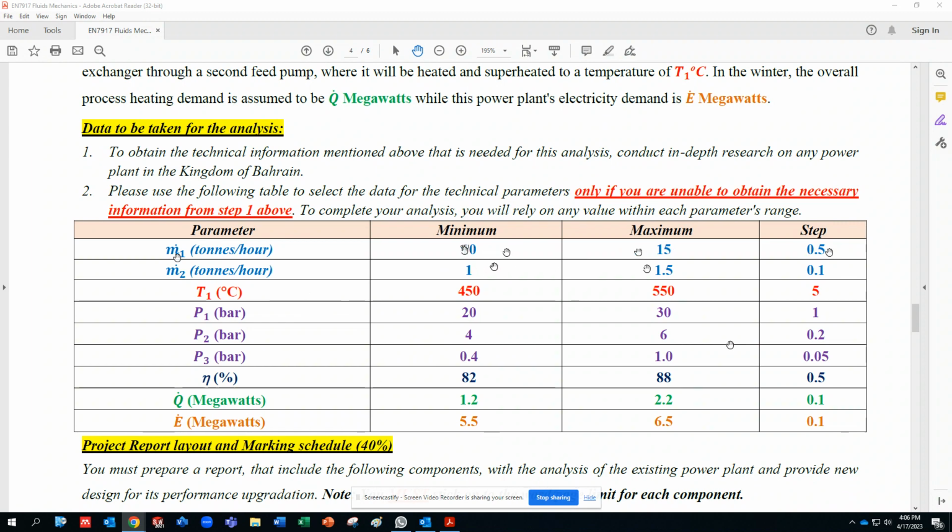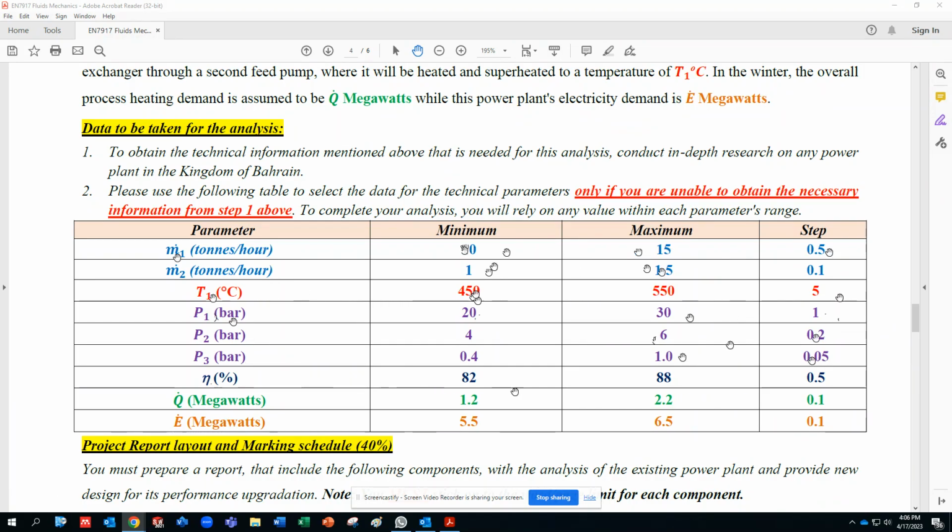So, 1 or 1.1 or 1.2 or 1.3 or 1.4 or 1.5. T1 degree centigrade is 450 to 550 in step of 5, like 450 or 455 or 460 or 465 and something like that. Similarly, pressure P1 varies from 20 to 30 in step of 1, P2 from 4 to 6 in step of 0.2, P3 from 0.4 to 1 in step of 0.05.